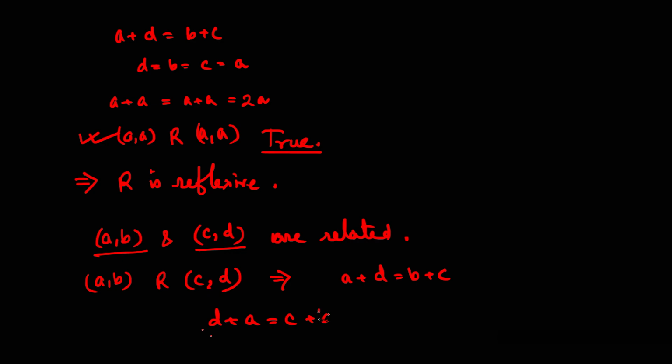So we are getting d plus a equals c plus b. That implies that (c, d) is related to (a, b). That means R is a symmetric relation.